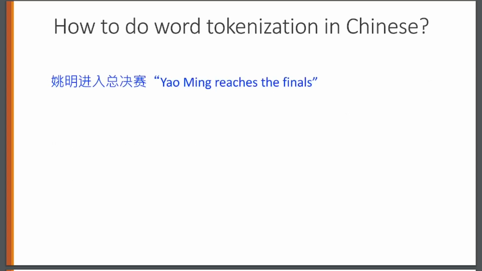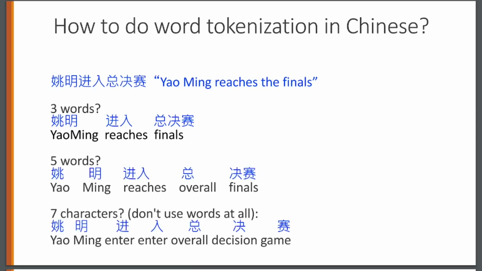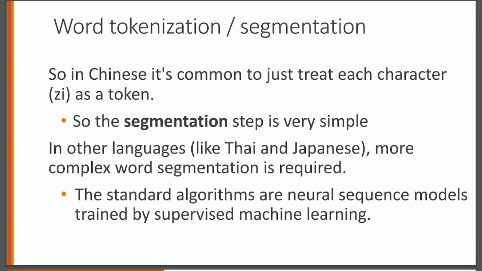Here we see an example of tokenizing a Chinese sentence: Yao Ming reaches the finals. We could potentially tokenize it this way, or this way, or this way. So it takes substantial domain knowledge and expertise to just be able to split a sentence into the base objects contained in that sentence.